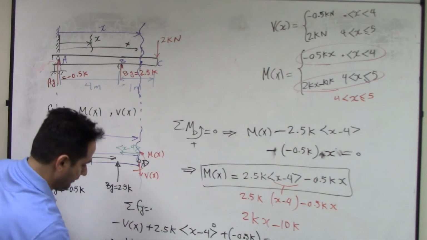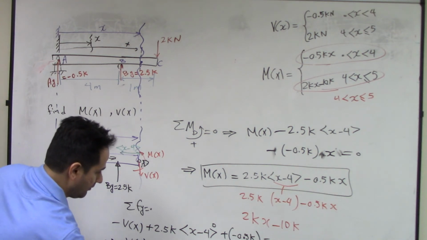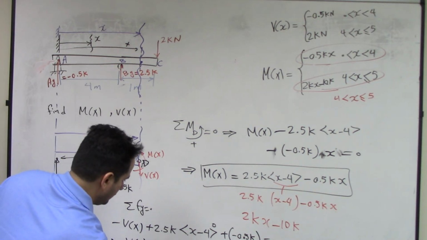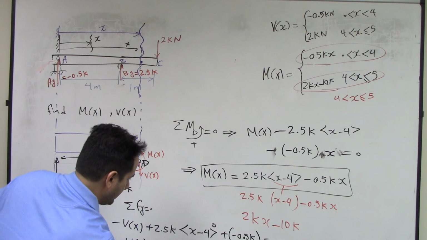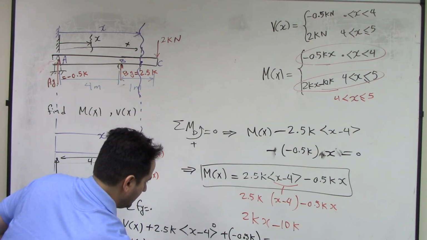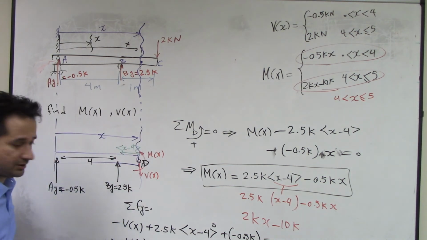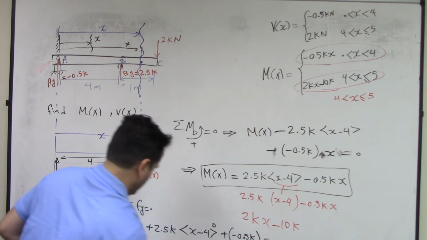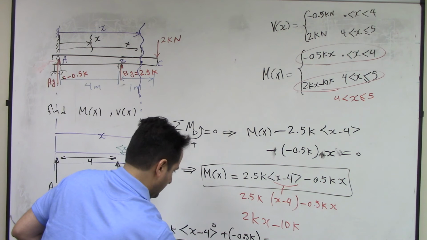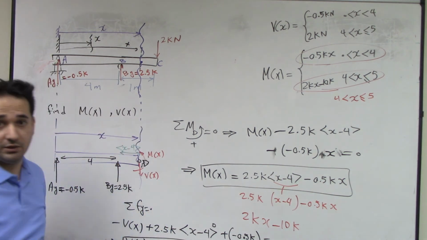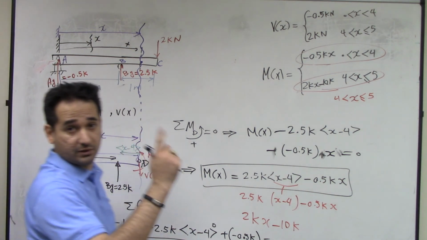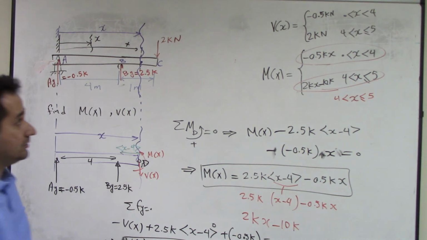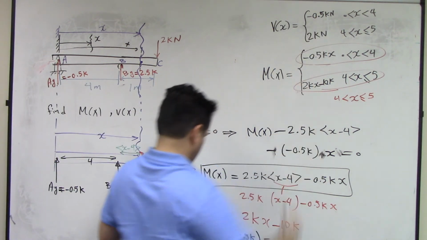Solving for Vx gives you, take this to the other side, Vx is equal to 2.5 k times x minus 4 to power 0, negative 0.5 k. Now that's my shear force, but this is two equations. This unfolds to these two equations.